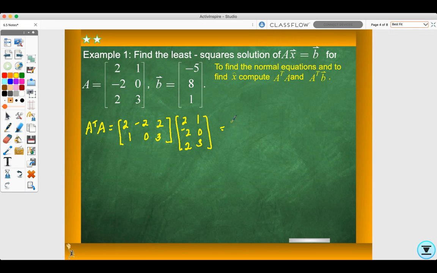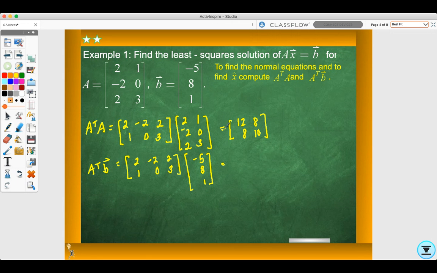And when we multiply these, we get 12, 8, 8, 10. Then we need to find A transpose b, and you get negative 24, negative 2.